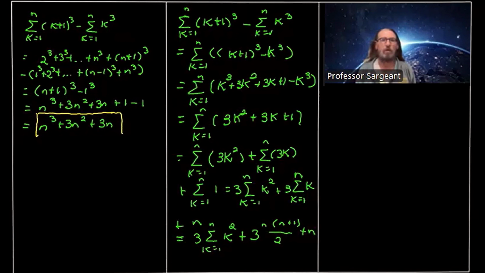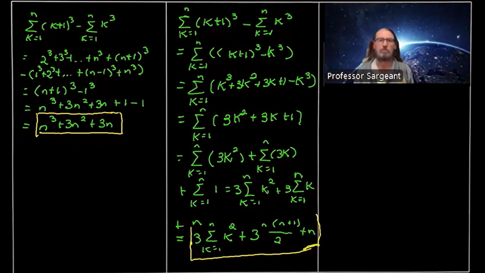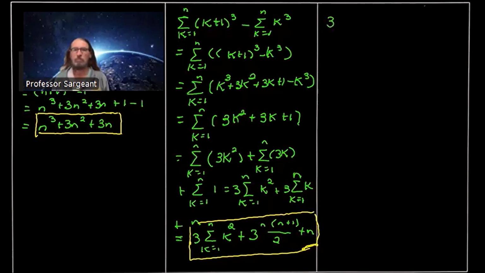So what I am circling off here, we're going to set those 2 things equal. Be able to immediately subtract n from both sides to combine like terms.